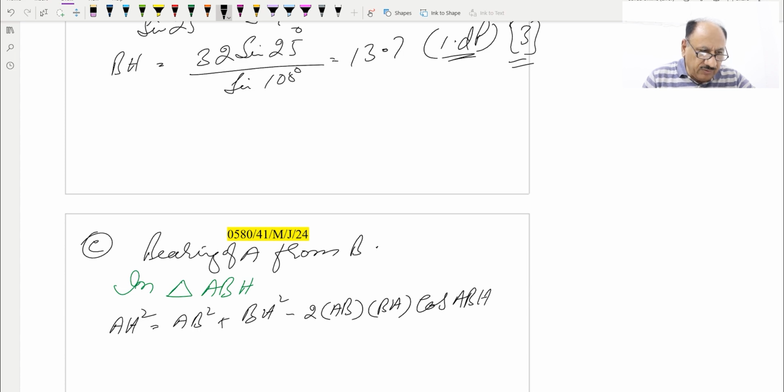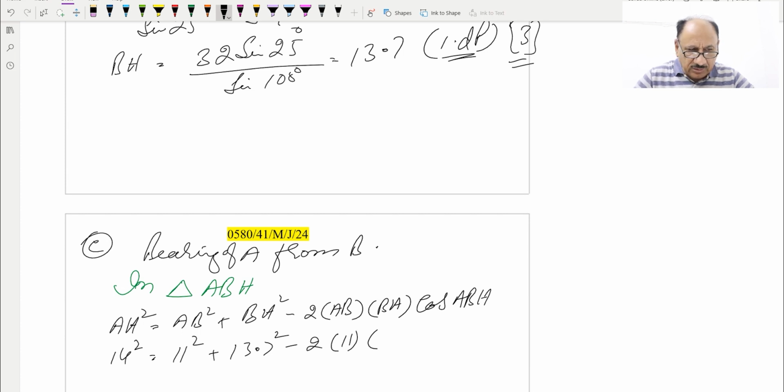And we will replace values: 14 square. You can directly apply the cos formula also if you have memorized it. I'm not overloading my memory, so I'm just using this formula. You can use the other formula also if you want, and simplify this.